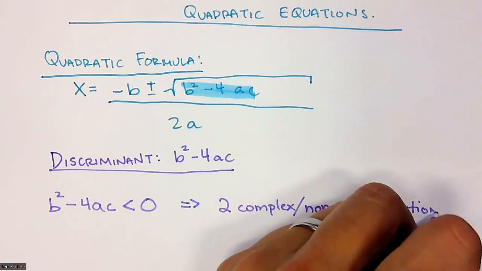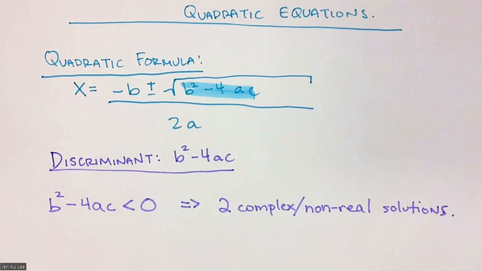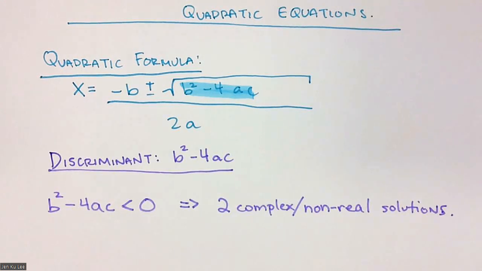Why do I have 2 of them and not just 1? Examine the quadratic formula.